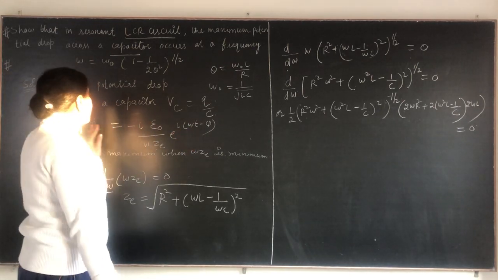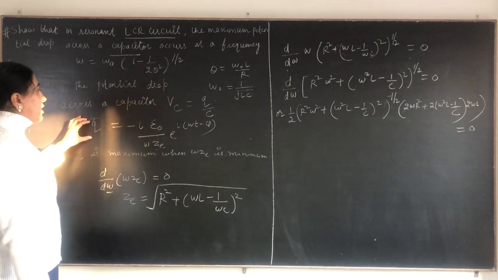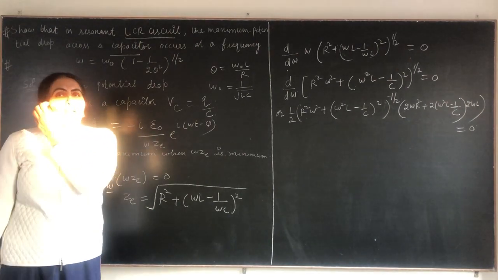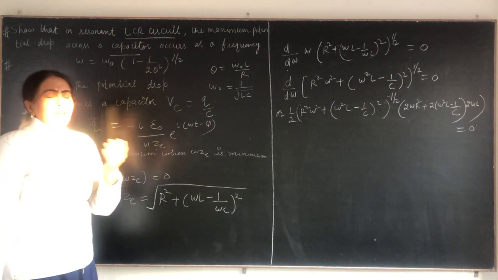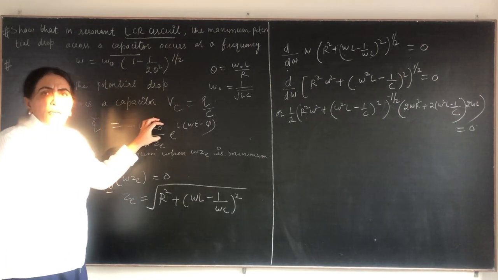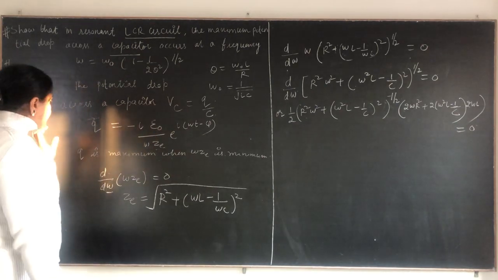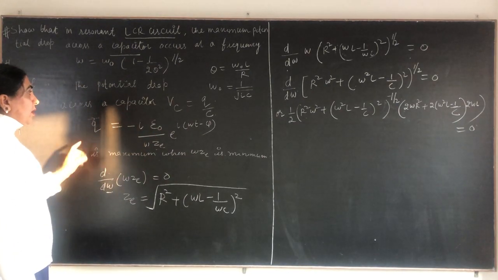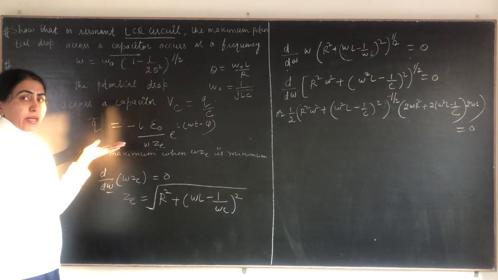The phase difference between q and xi naught is phi plus pi by 2, and q lags behind this electromotive force. Now we have to find the maximum value of the potential drop.